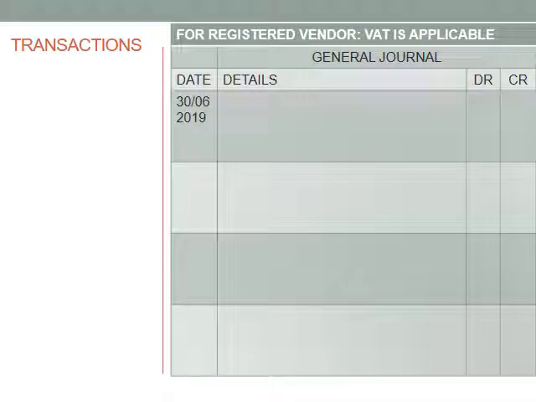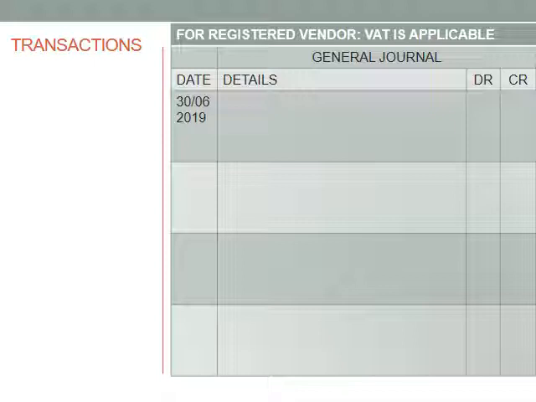This is an illustration of a general journal when dealing with the books of a vendor, an entity registered for VAT. The layout is different from a general ledger, though the parameters are the same.